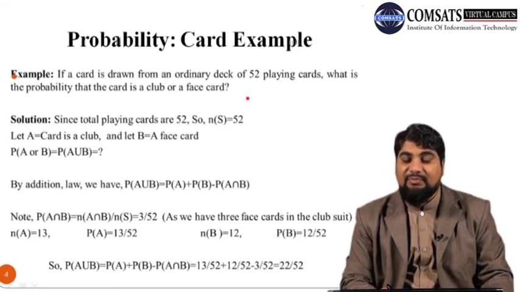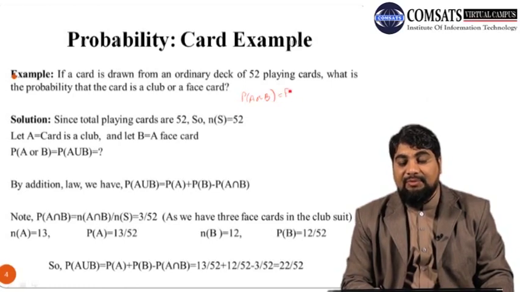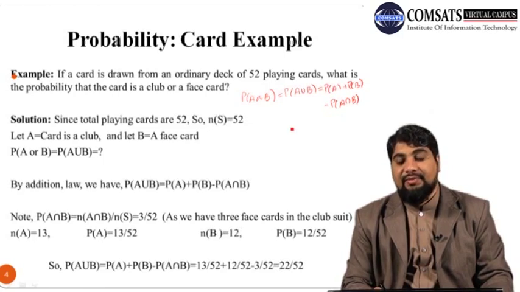If A and B are any two events defined in a sample space S, then probability of A or B, this is probability of A union B, is equal to probability of A plus probability of B minus probability of A intersection B.